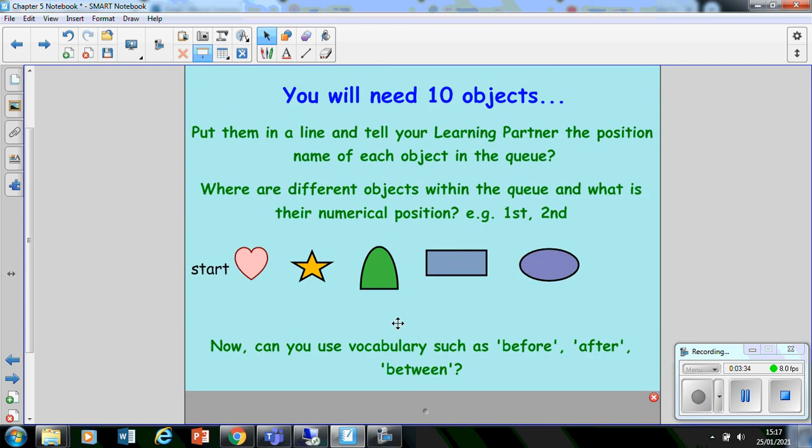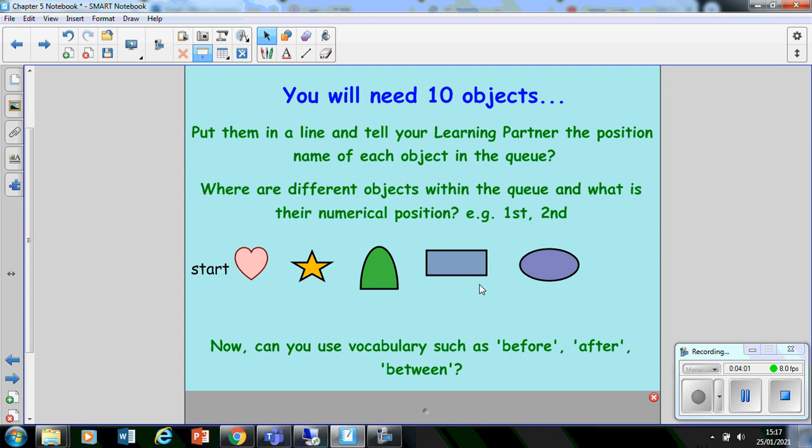Okay, or I could say my arch is after my star. Or I could say my arch is before the rectangle. So there's 3 different words that I'd like you to use, and if you can, write these words down on a piece of paper so you can move them around.